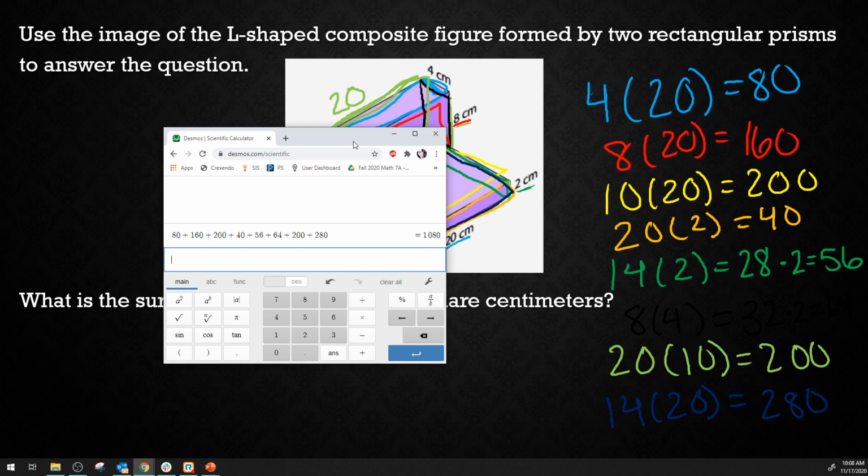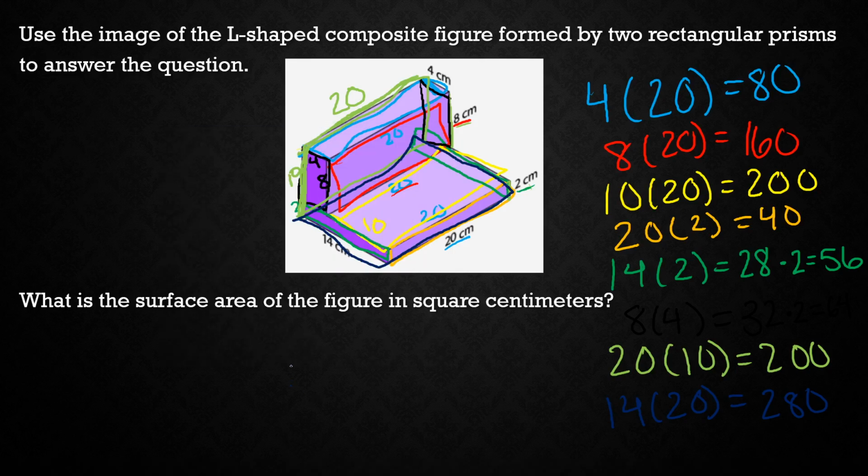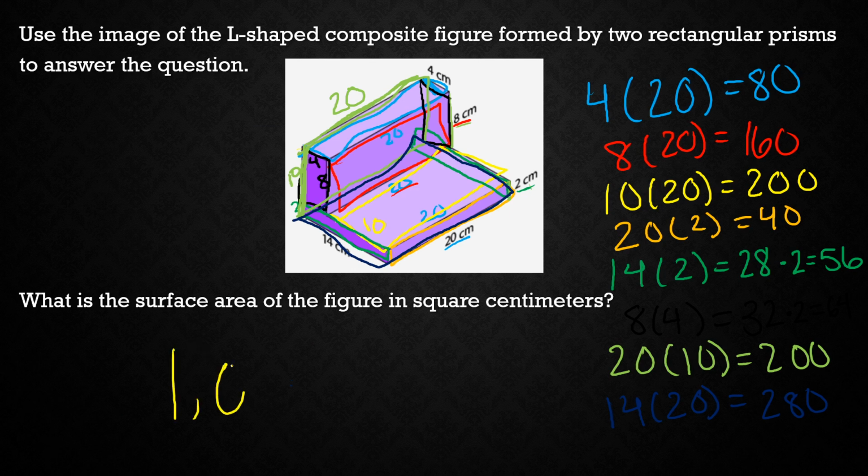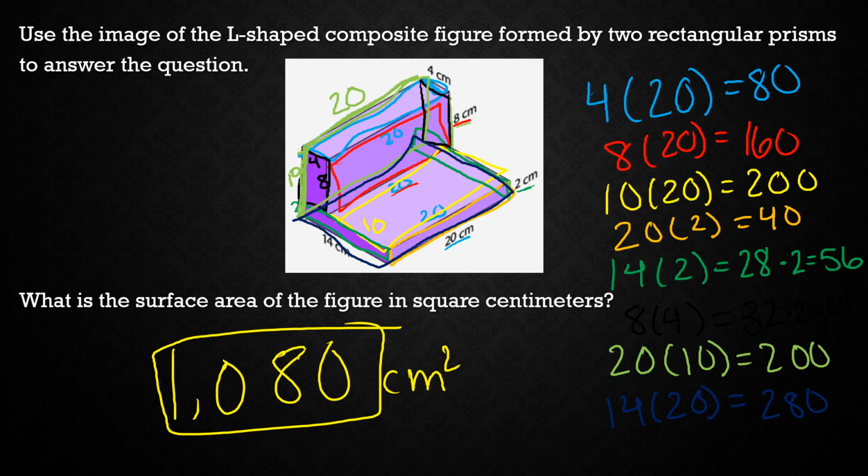When I add everything together, I get 1080. So that means my final answer for the surface area is going to be 1080 centimeters squared. So that is the surface area of this figure.